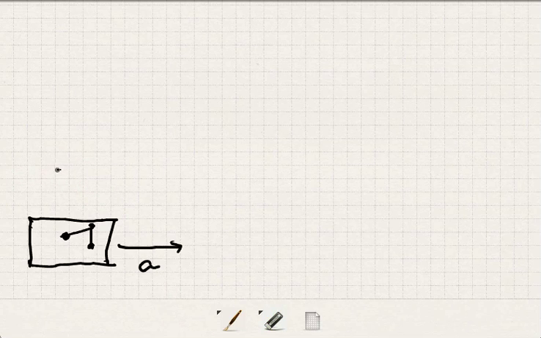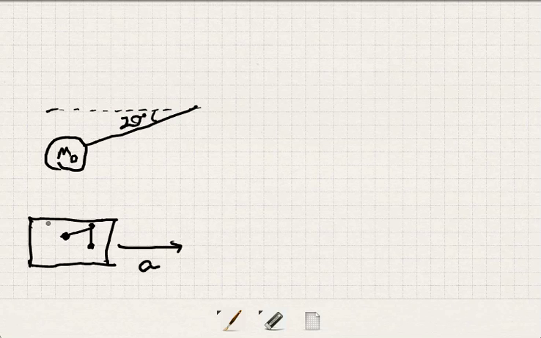We got M naught, and we got some tension pulling at this 20 degrees. Okay. And we can label these. Here's the tension, and here's the force of gravity.